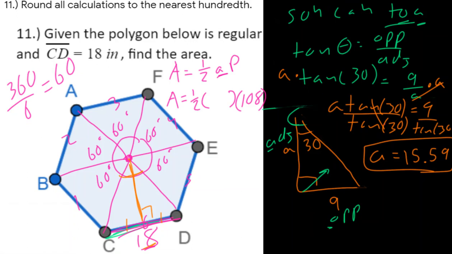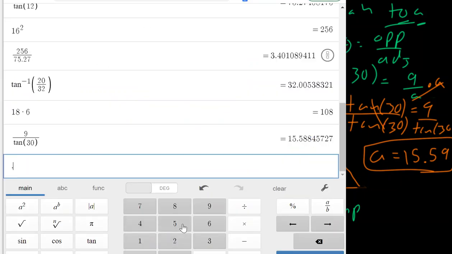Now that we have our apothem, we can plug that in. And we can now solve this. Let's go back to our calculator. Remember, we have this equation. 0.5 is 1/2 times our apothem, 15.59, times our perimeter, 108, and our answer is 841.86.